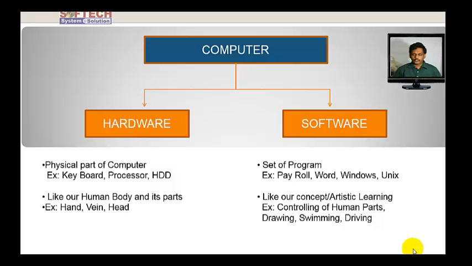So that human system is loaded with software to control and manage the parts of the human body. That software is preloaded at the time of birth. After birth, we can learn different types of applications by using this human system, that is, the human body system.